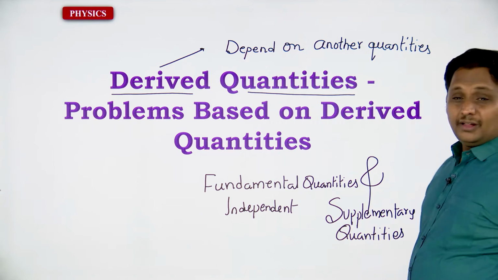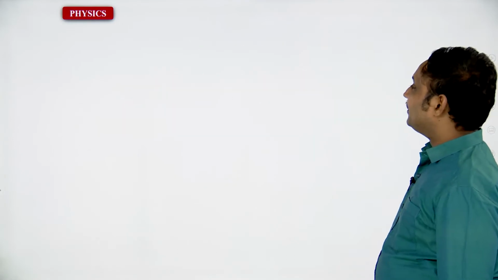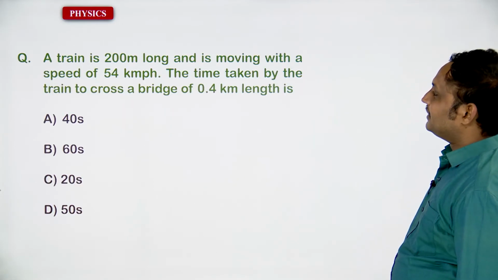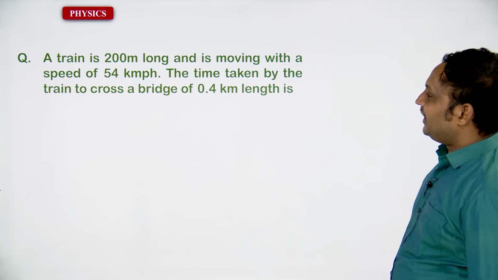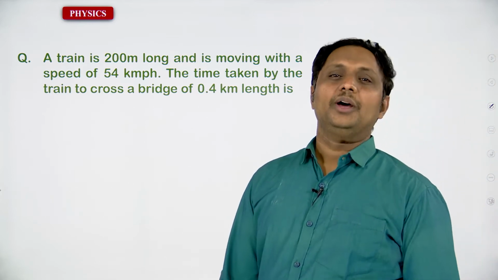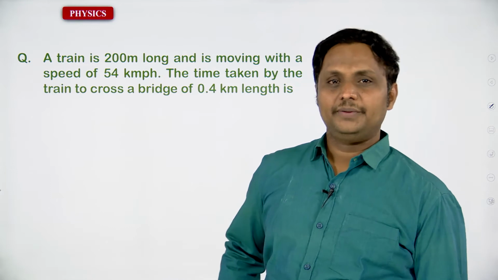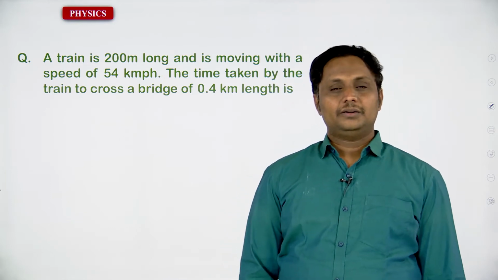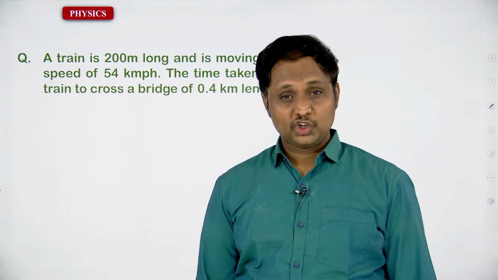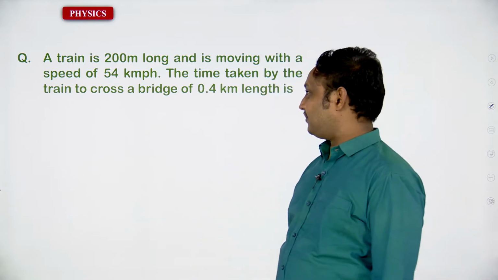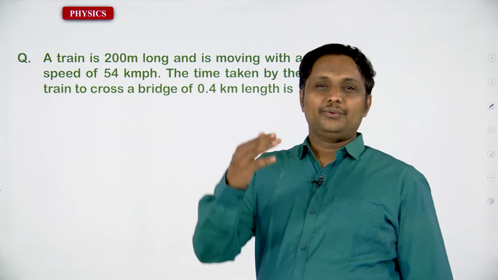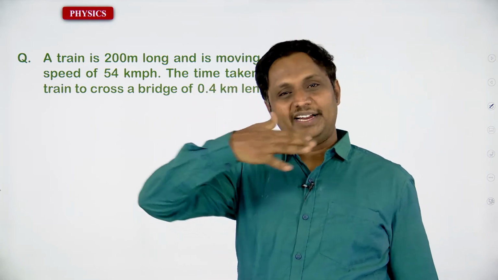Okay, let's have the problems based on this. If you take the physical quantities, we can get that classification. They are the fundamental, which are independent, and derived quantities, while we consider the motion along one dimension.